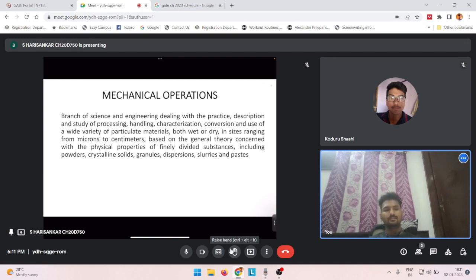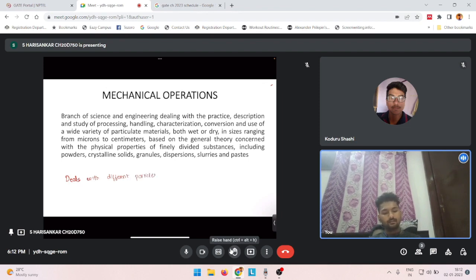So this is the very detailed definition of mechanical operations, and long story short, mechanical operation is a branch of engineering and science that deals with different particles basically.